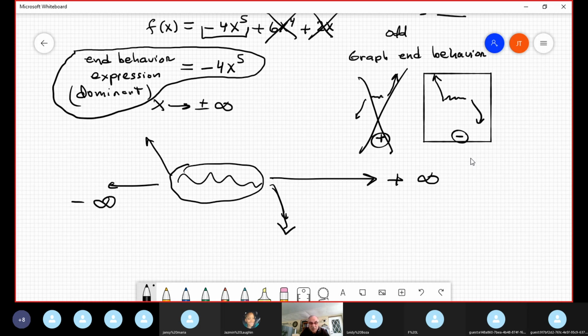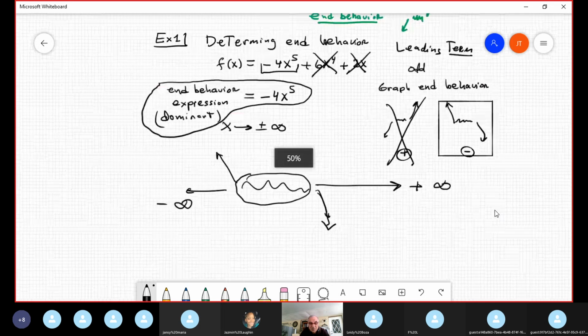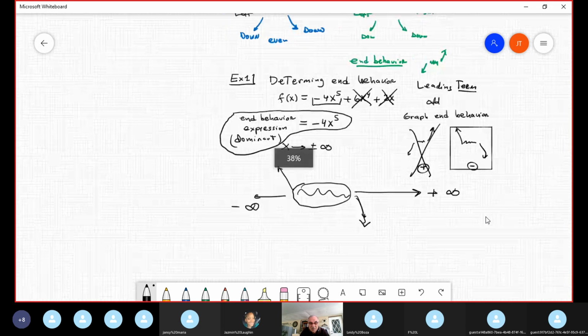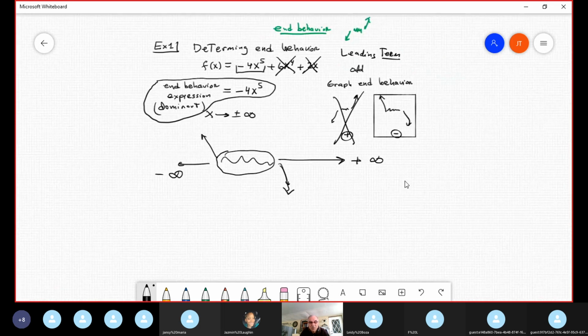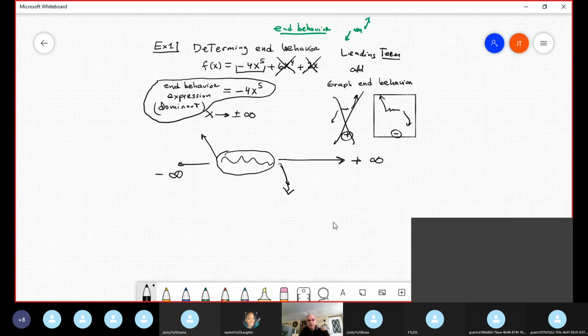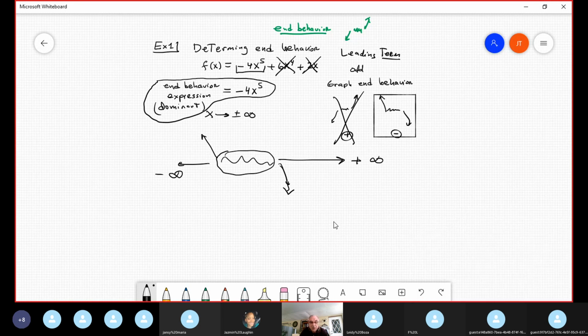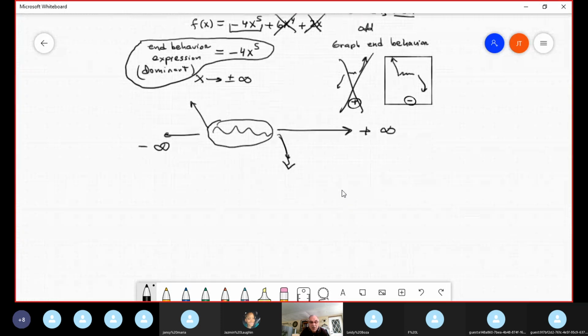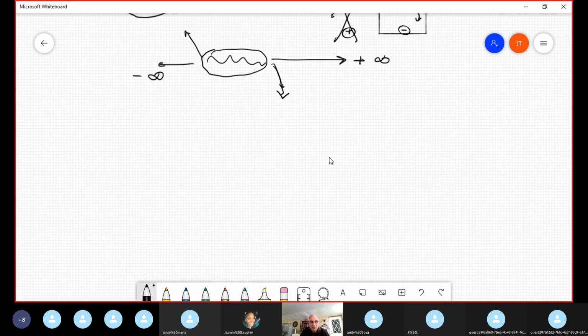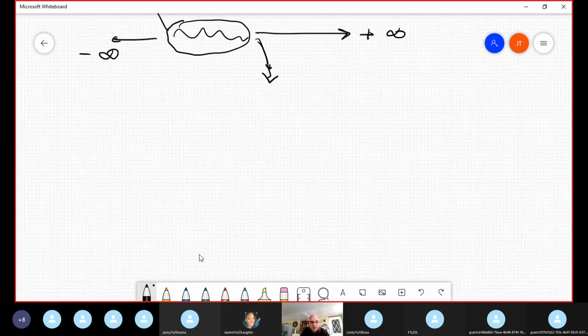Is it confusing or no? Understand? Okay, let me try another example. But don't worry, because we frequently go back to this end behavior, not only in polynomial functions, in general.